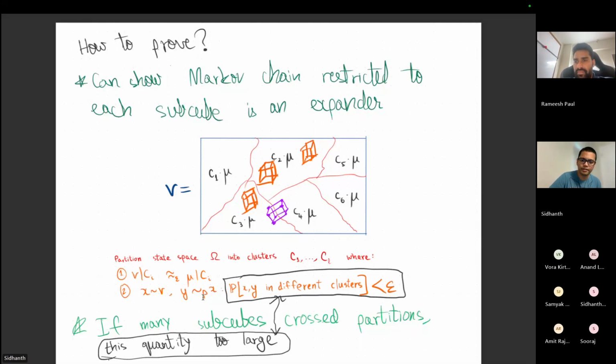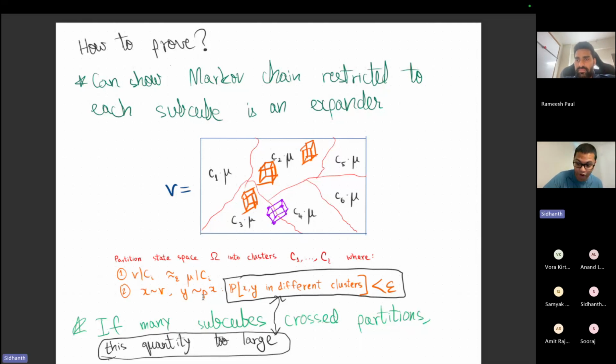Okay, I'll wait to see if there are any other questions. Okay, so in summary, what we saw here is you had a Markov chain which was meant to sample a uniformly random independent set.